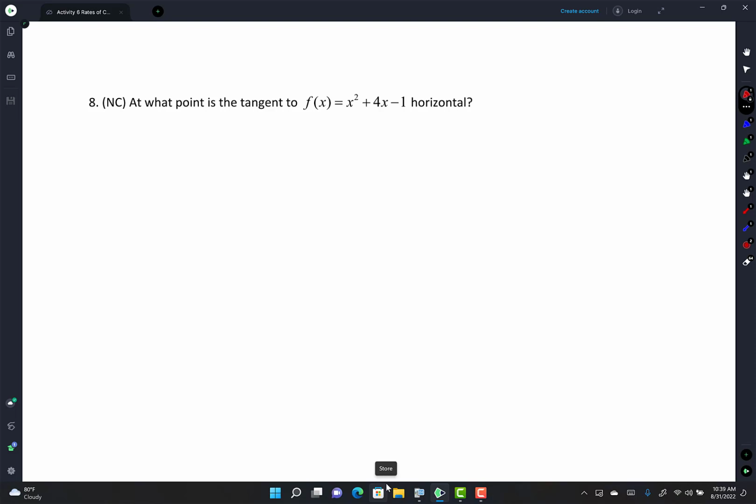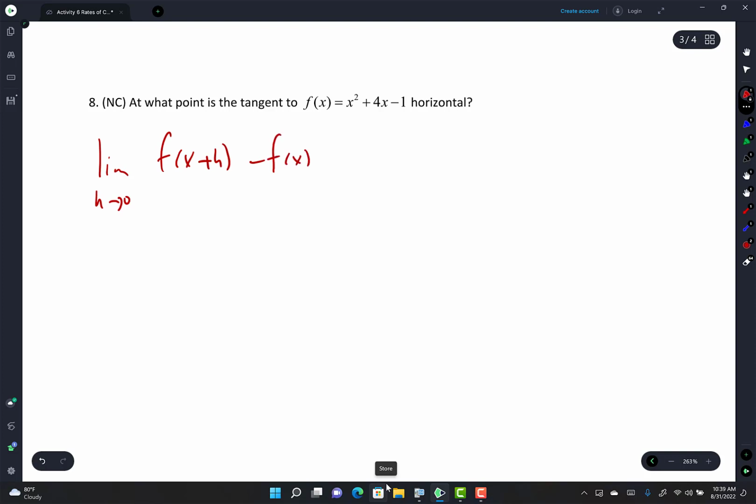So all you've got to do is take the limit as h approaches 0 of f of x plus h minus f of x, all over h, in terms of x, and set that equal to 0. So find that expression. You already have f of x.